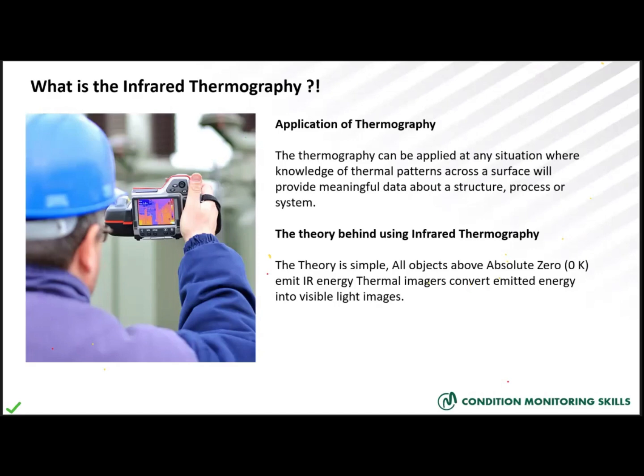All objects on planet Earth above 0 Kelvin, which is equal to negative 273 Celsius, emit infrared radiation. The infrared energy can be captured by the thermal camera and converted to visible images that we can see. Okay?